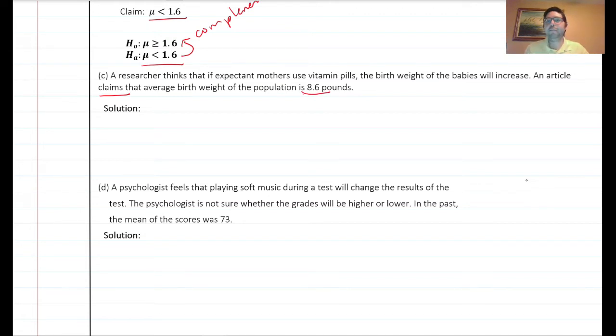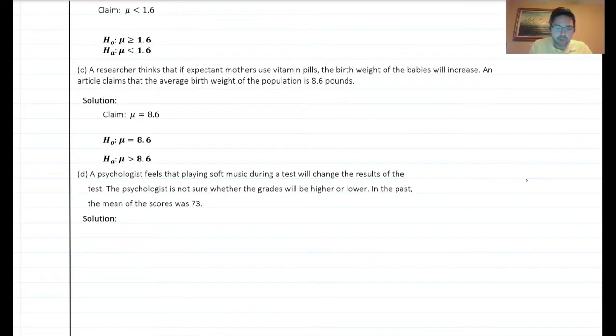So that means mu is equal to 8.6. So that's my claim. My claim is mu equals 8.6. Now that claim is a statement of equality, which means that it belongs to the null hypothesis automatically.